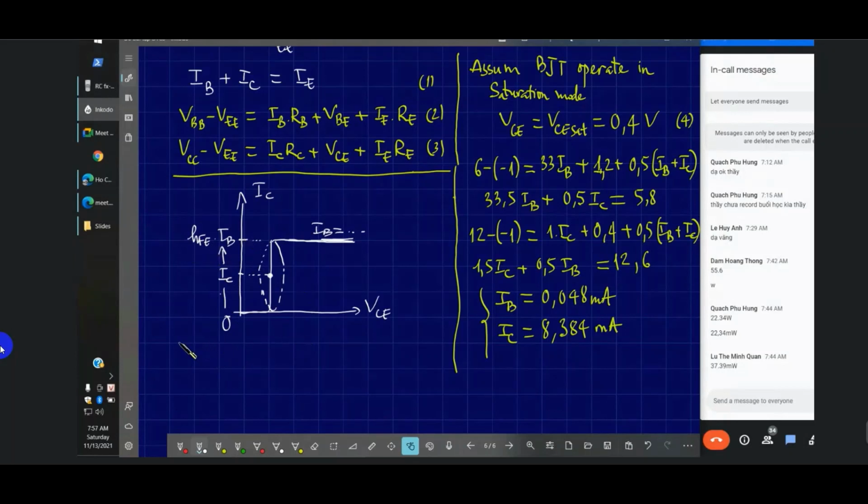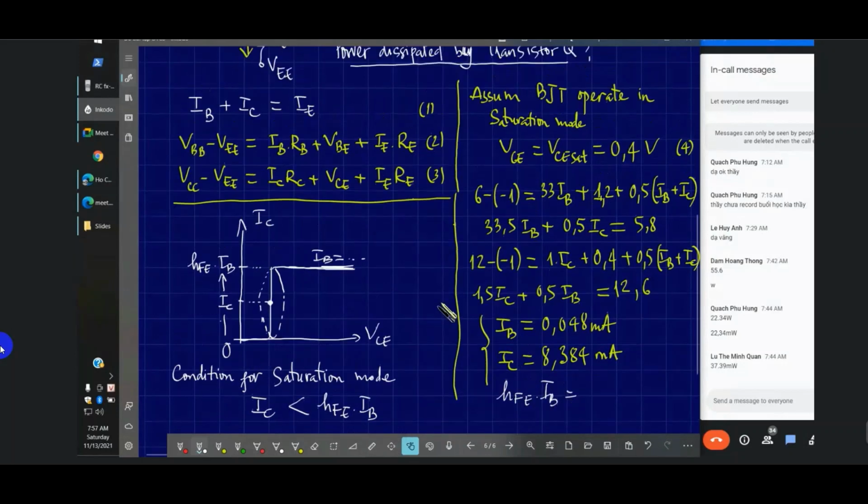So the condition for saturation mode would be IC less than, not equal, HFE multiplied with IB. Let's check this one, HFE and compare with our IC here. HFE multiplied with IB should be what?